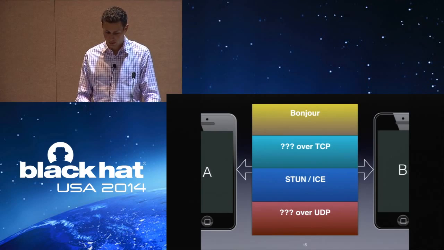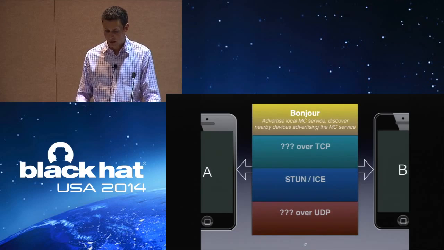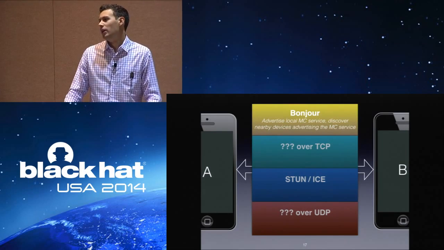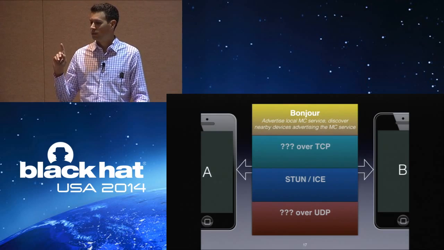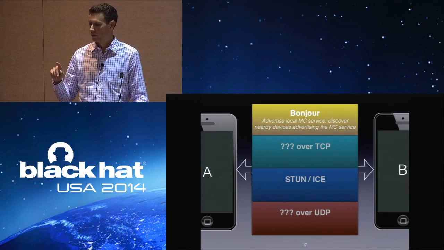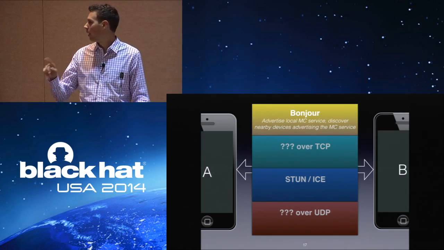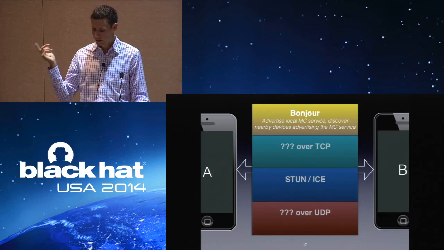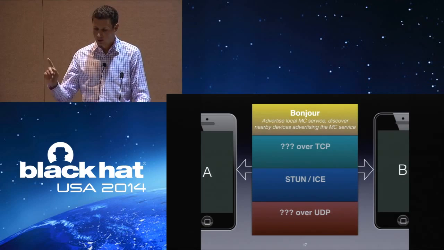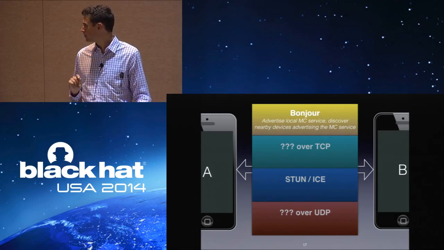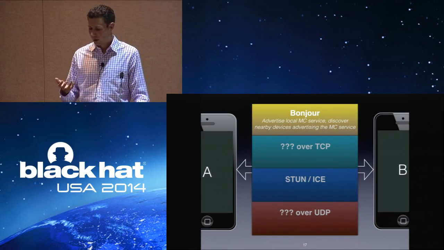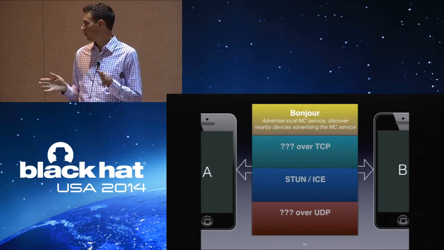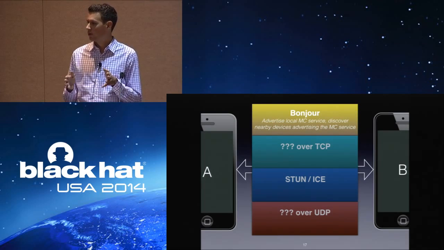And so the first protocol you'll see is called Bonjour. It's an Apple technology. It's used to find services on a LAN. So for example, it's how your Mac finds a printer and things like that on the LAN. And so that's what Multipeer Connectivity is using to find phones around. And so your app basically advertises a Bonjour service, and you just have to choose a name for that service.